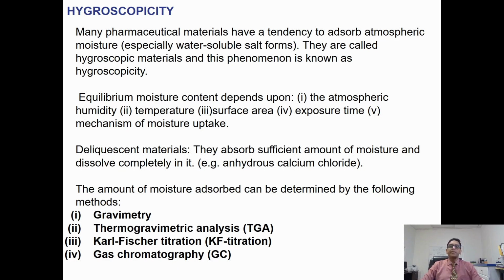Many pharmaceutical materials have a tendency to absorb atmospheric moisture, especially water-soluble salt forms. They are called hygroscopic materials, and this phenomenon is known as hygroscopicity. Equilibrium moisture content depends upon the atmospheric humidity, temperature, surface area, exposure time and mechanism of moisture uptake.